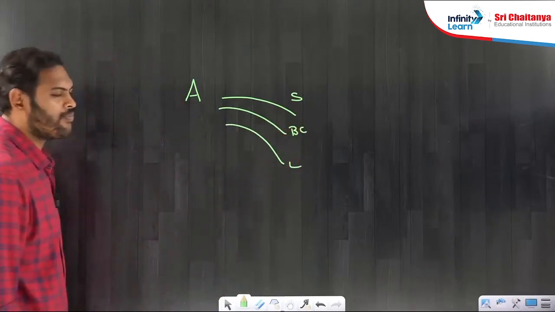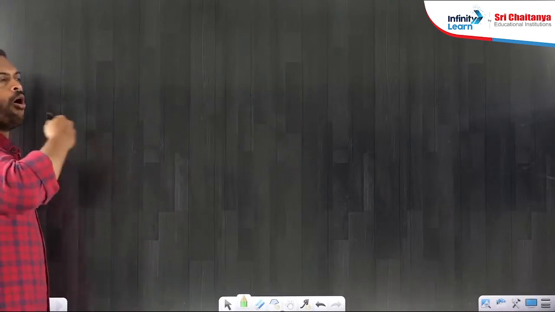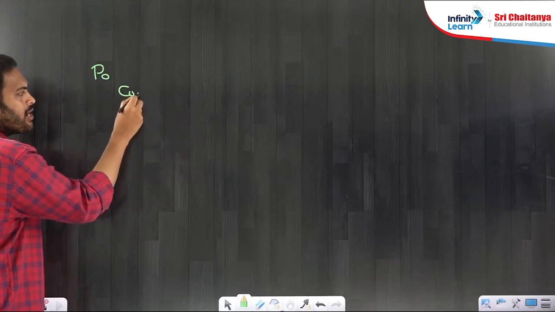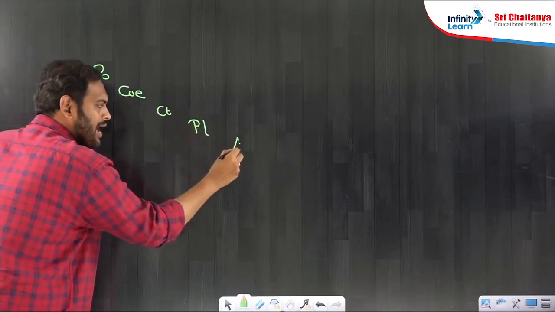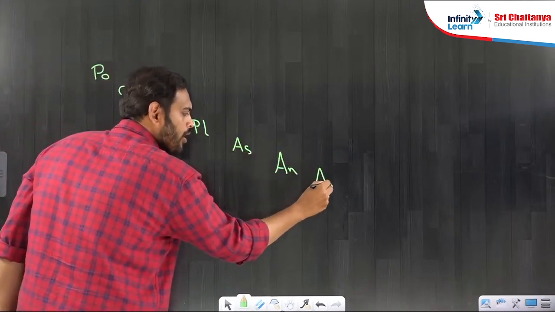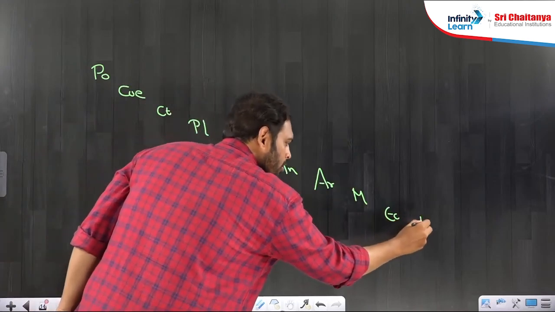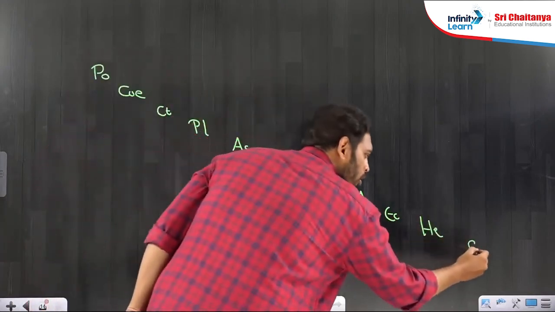And for information, if you go from the simplest phylum to the complex phylum: Porifera, Coelenterata, Ctenophora, Platyhelminthes, Aschelminthes, Annelida, Arthropoda, Mollusca, Echinodermata, Hemichordata, and finally, most advanced of all, Chordata.